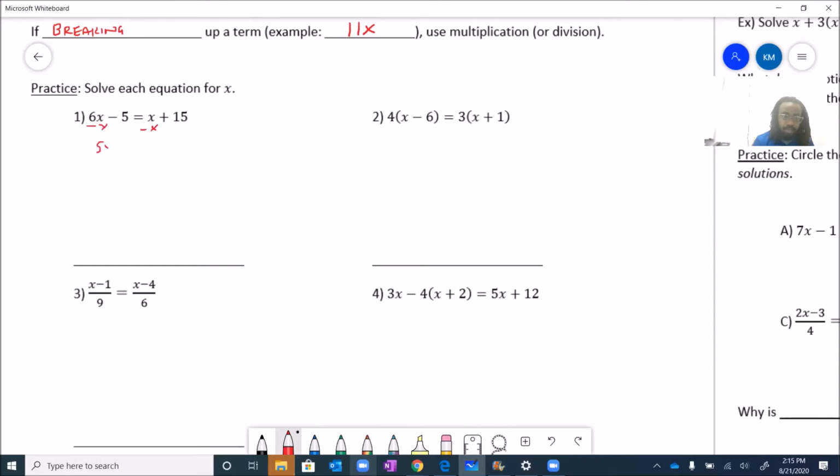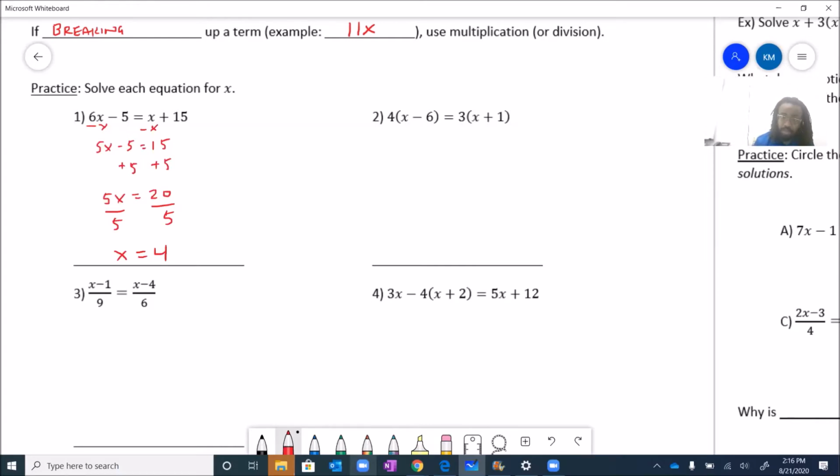I end up with 5x minus 5 equals 15. From there, I'm going to add 5 to both sides. And I get 5x equals 20. And then divide by 5. And x is 4. Okay, so getting the variable in order first helps us to keep those steps down.